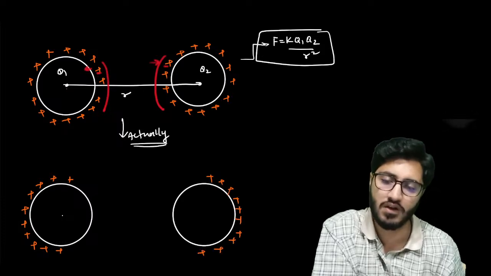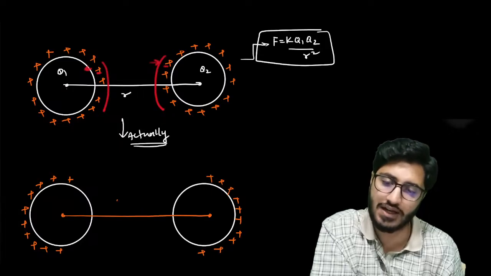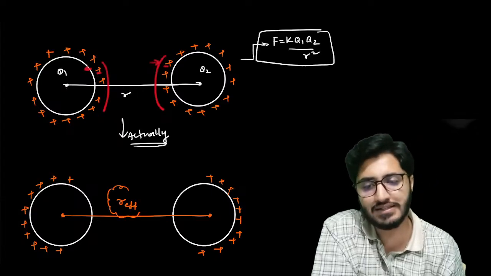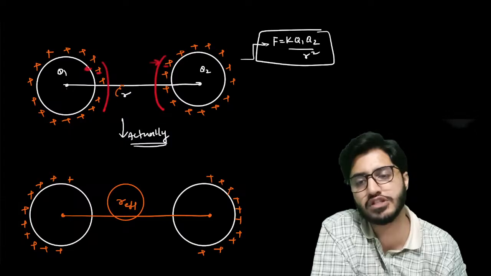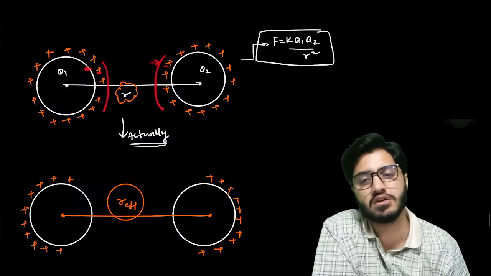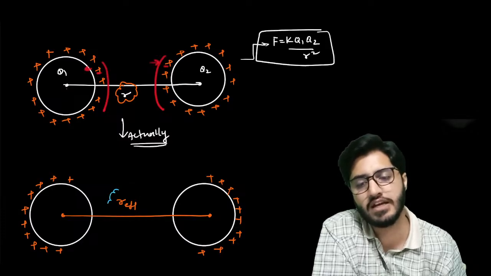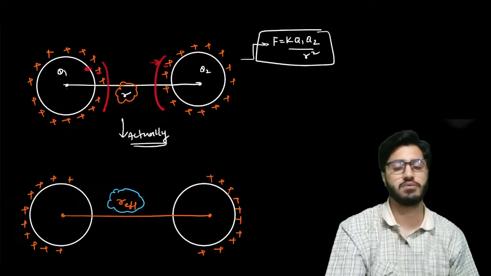Okay. So look, if the charges get accumulated here, the distance is effective now. Why? Because this distance is not the same as the previous one. It gets changed due to repulsion.